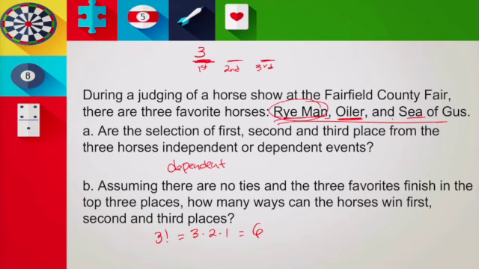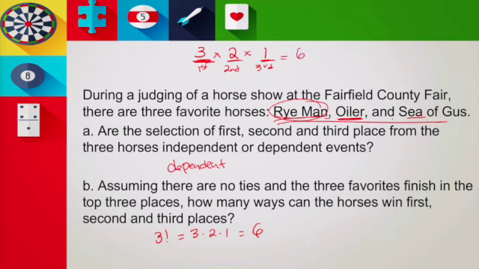Now, once I pick first place, how many options do I have for second place? There are 2 left for second place. And then once I pick first and second, there's only 1 left for third. And so you multiply these together, and you would get 6.